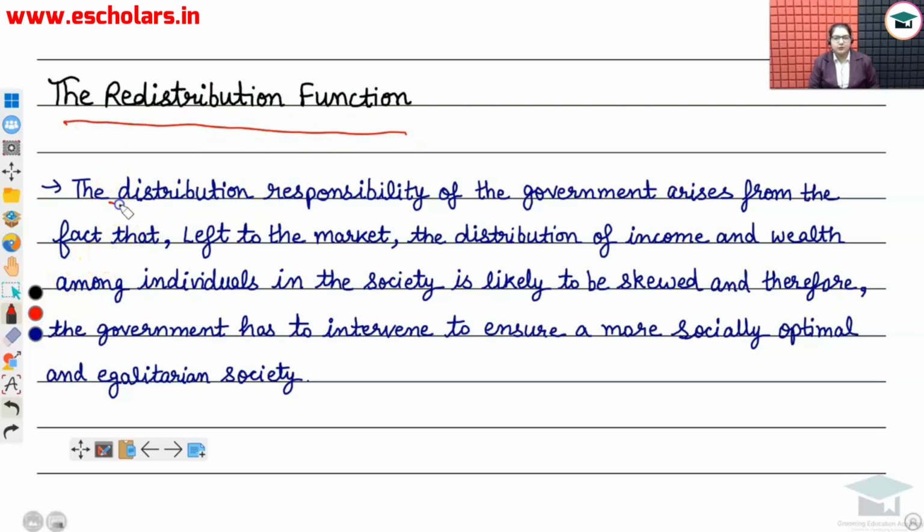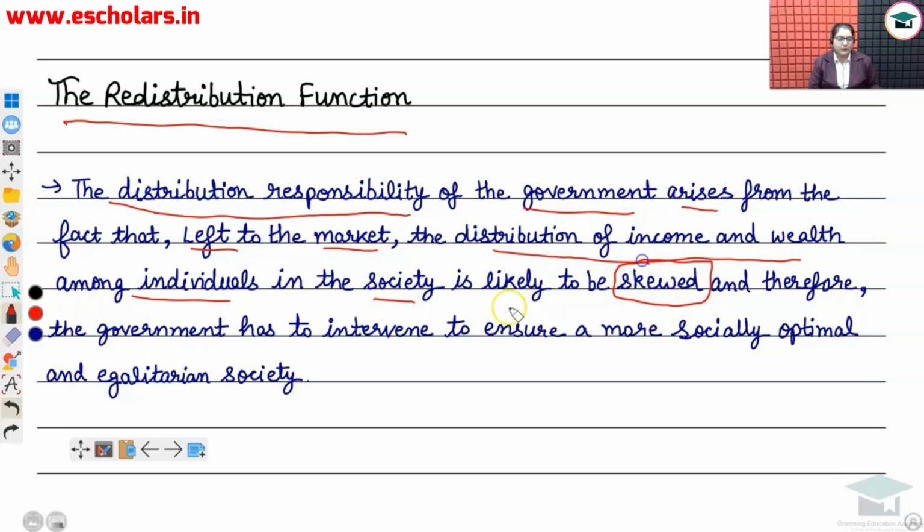See students, the distribution responsibility of the government arises because if the distribution responsibility is left to the market, that is, the private players, then the distribution of income and wealth among individuals in the society is likely to be skewed. That is, the distribution of income and wealth among individuals would be likely to lean towards the richer sections of the society.